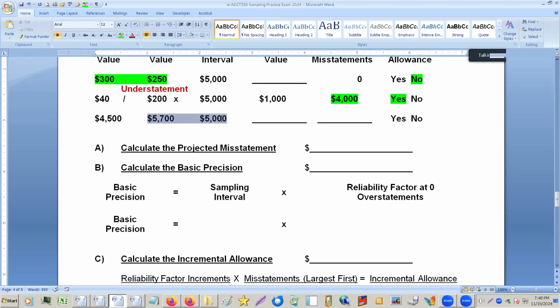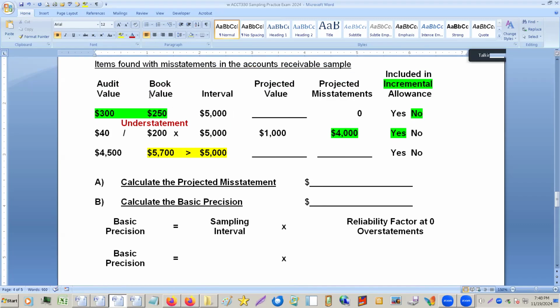Okay, the third one here. This is one that trips up. It doesn't trip up everybody, but it trips up a lot of people. This is when the book value is greater than the interval. It covers the entire interval.